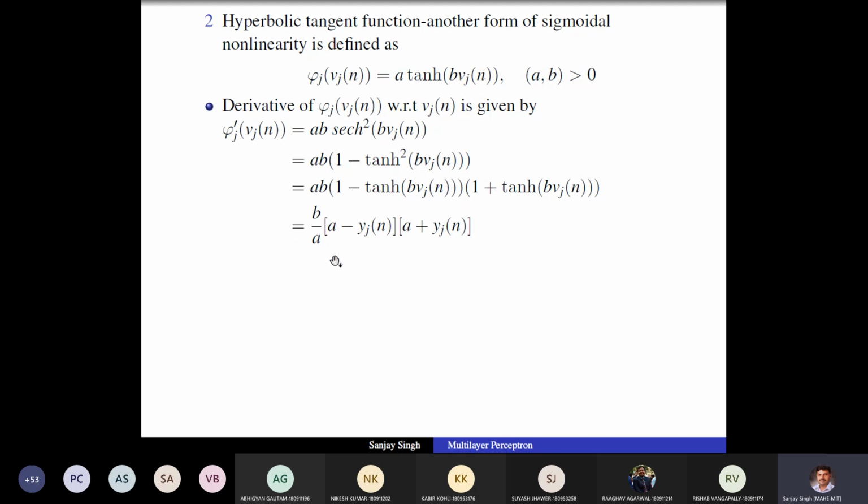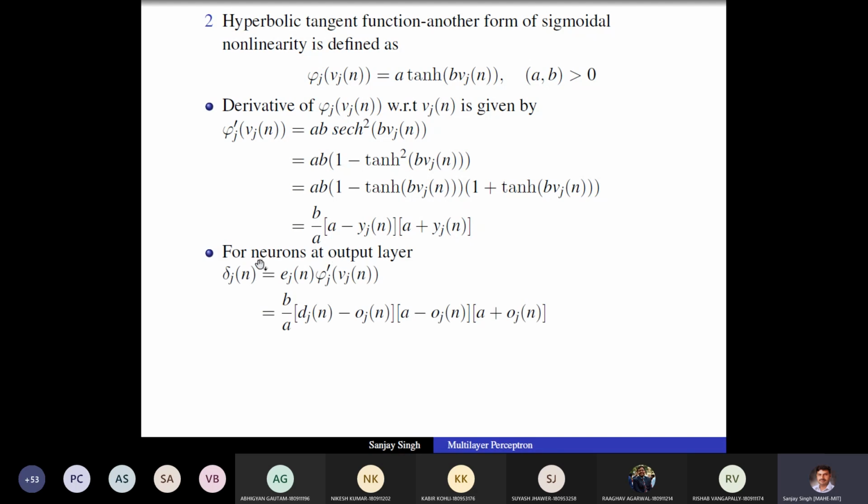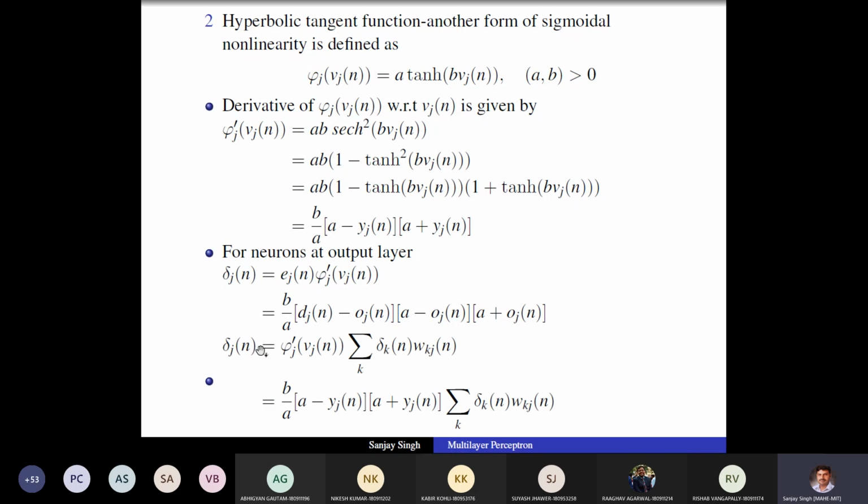This is the prime value. Based on this, you again compute the local gradient value when the neuron is in the output layer, where yj is nothing but oj, and again when your neuron is in the hidden layer, then you compute with this.